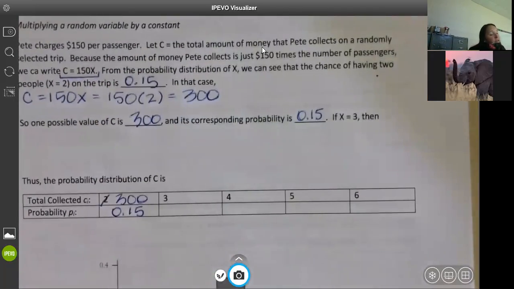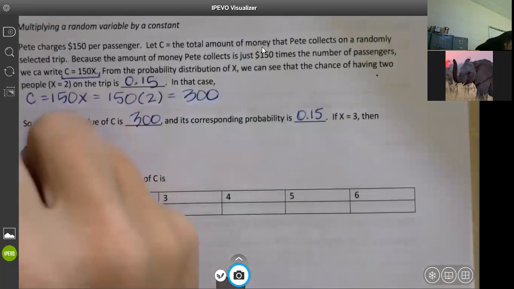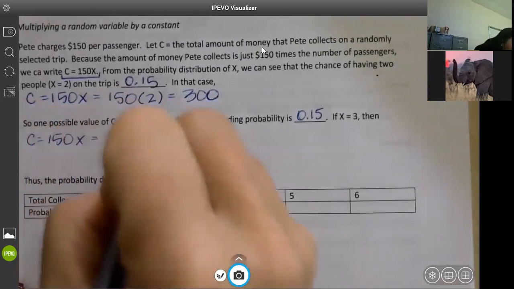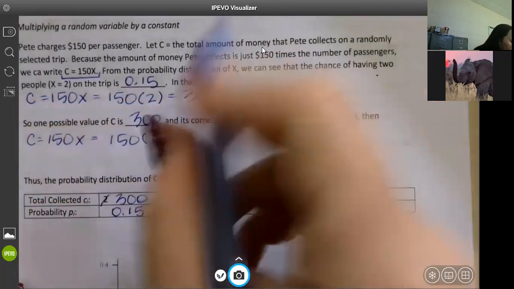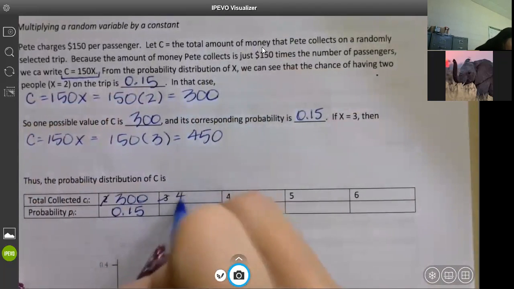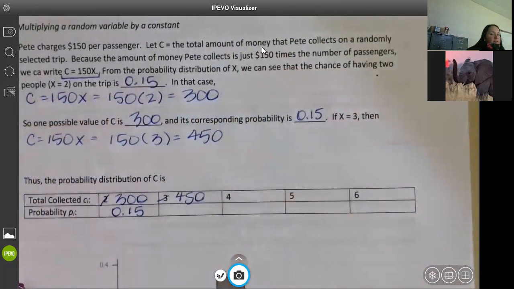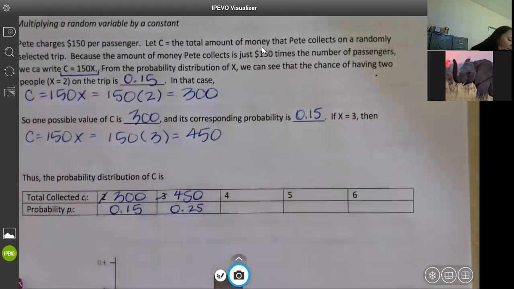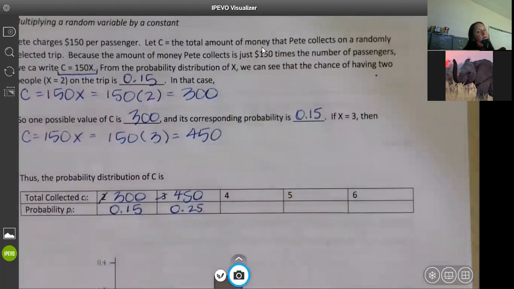But what if we have 3? We're moving up in the chart. We're doing 150X, now times 3, which gives us 450. So 3 people will collect $450, but there's still a 0.25 chance that 3 people will go on the trip.